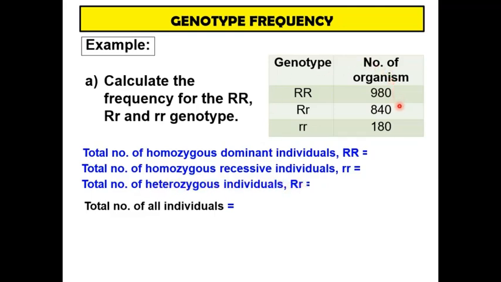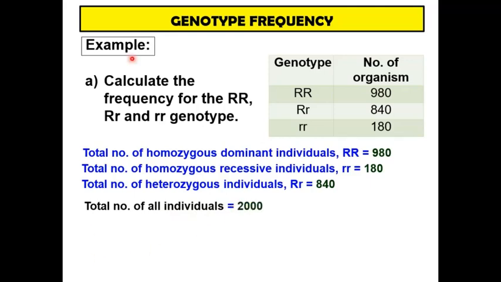Based on the data, the homozygous dominant individuals number 680, the homozygous recessive number 180, and the heterozygous number 880. So the total number of all individuals is 2,000.